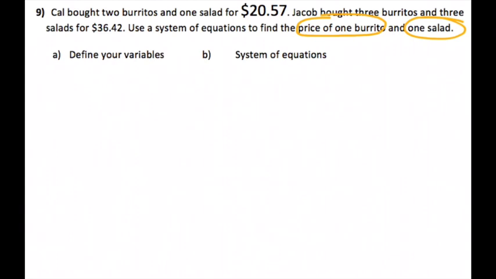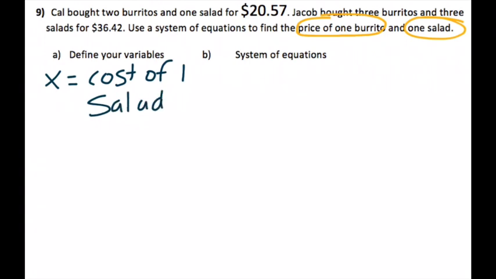I'm going to go ahead and use x and y for these. So when I define my variable, I'm going to say that x is the cost of 1 salad. I'm going to go ahead and put a dollar sign there so we know we're dealing with money. And y is the cost of, you know what?